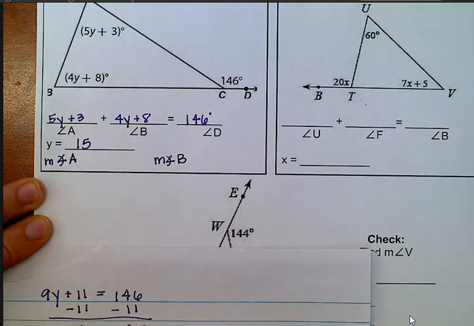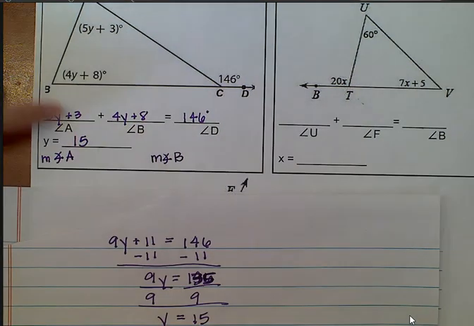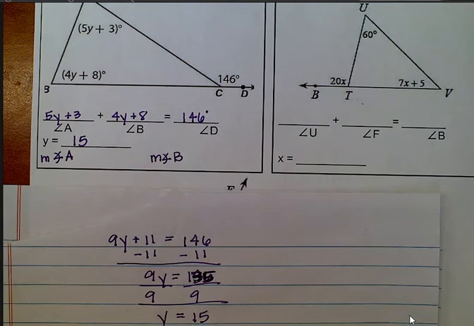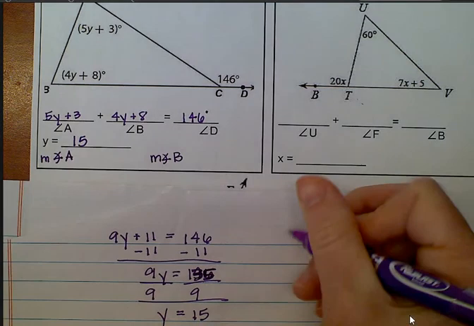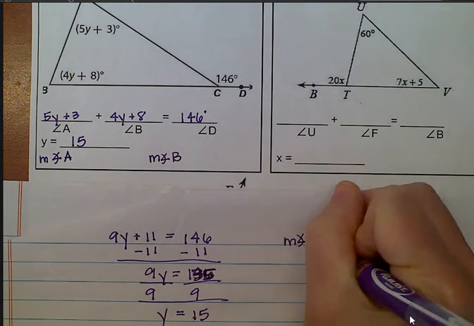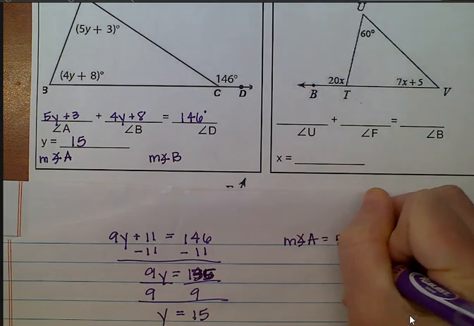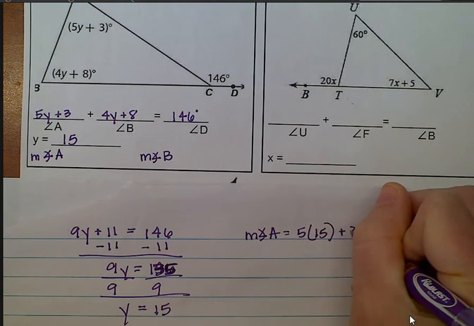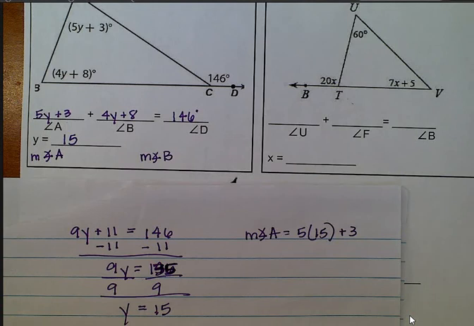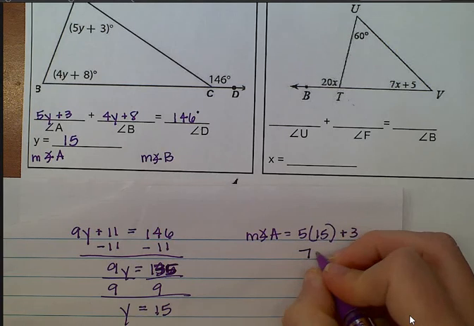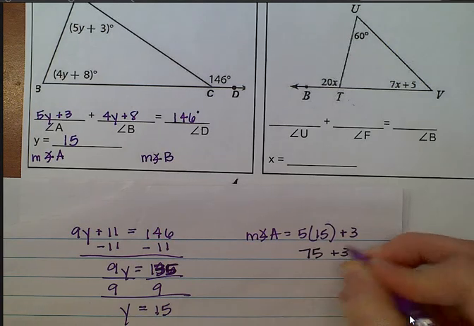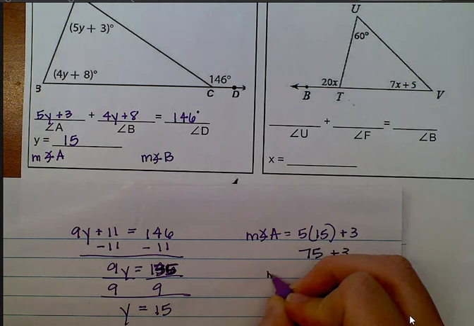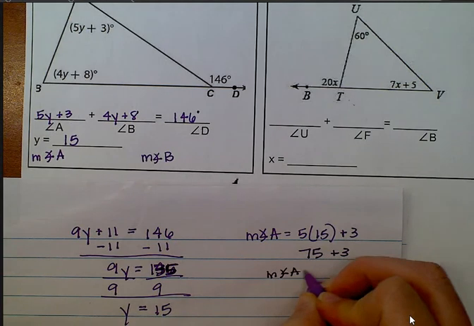To do that, you're going to plug in 15 in both of those places, anywhere that you see a y. So for the measure of angle A, you're going to say 5 times 15 plus 3. Handy dandy calculator. 5 times 15 is 75 plus 3. So the measure of angle A is 78.